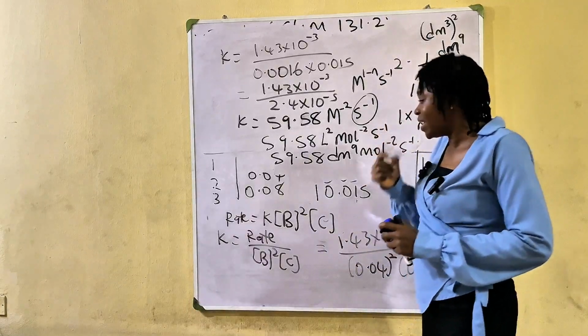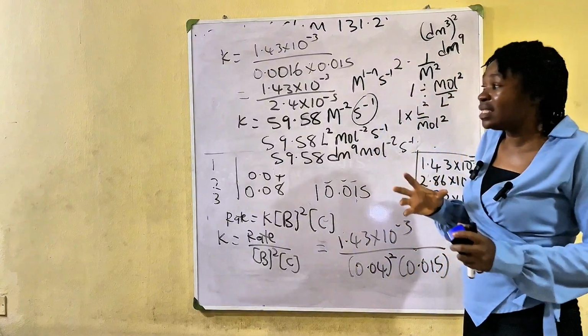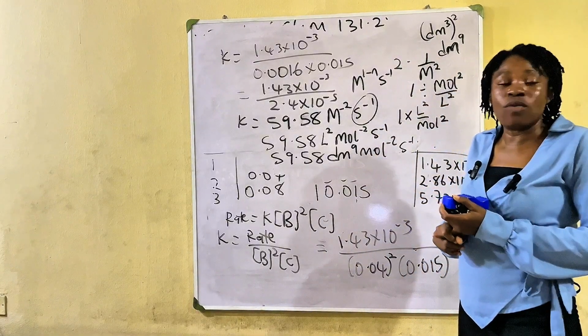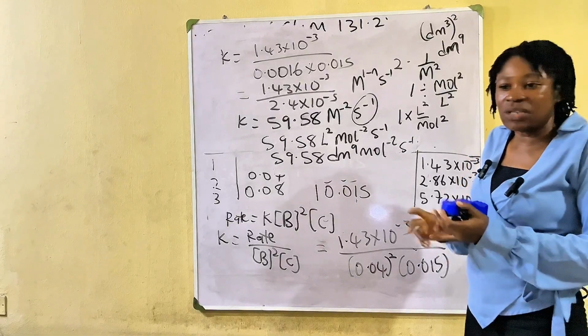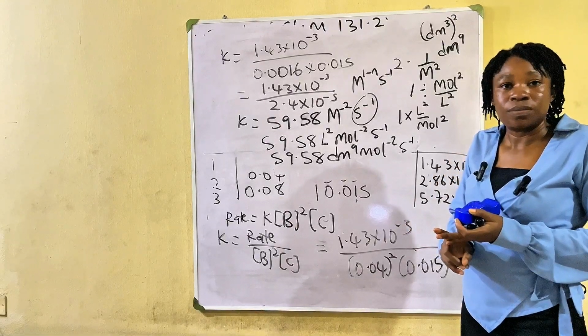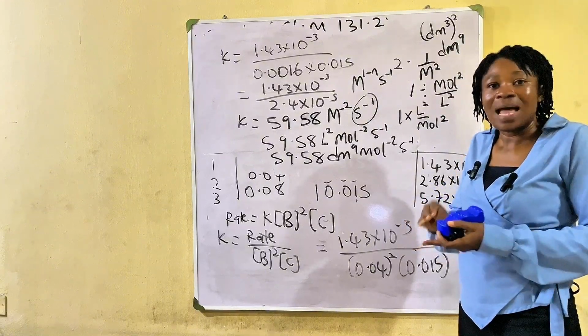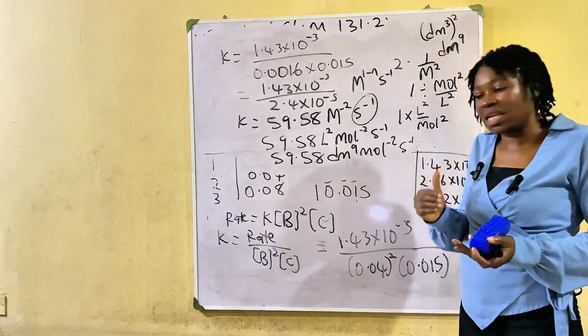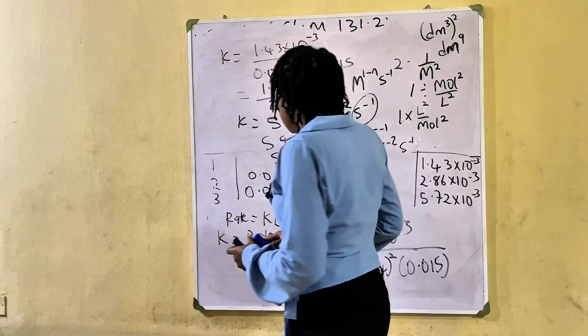Alright. So I want to say something again. In some cases, they might not ask you to find the overall order of reaction. They will just ask you to find the rate law. Determine the rate law and rate constant.